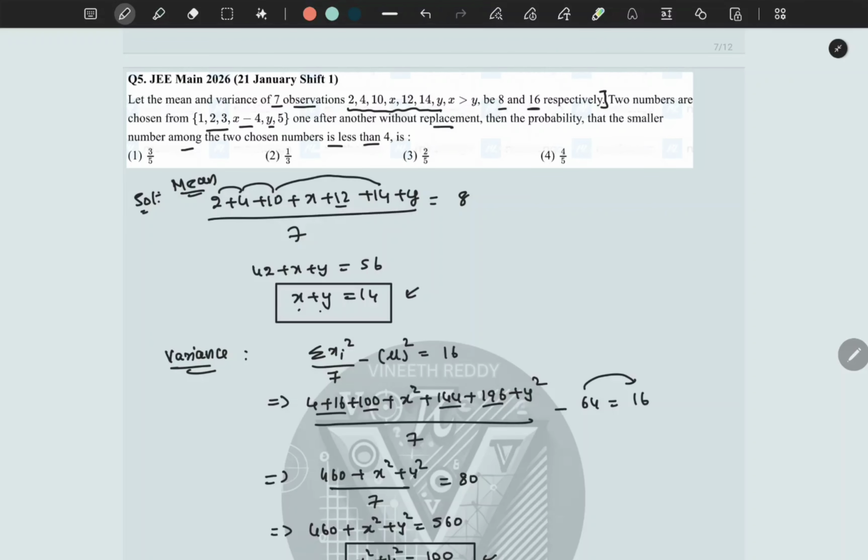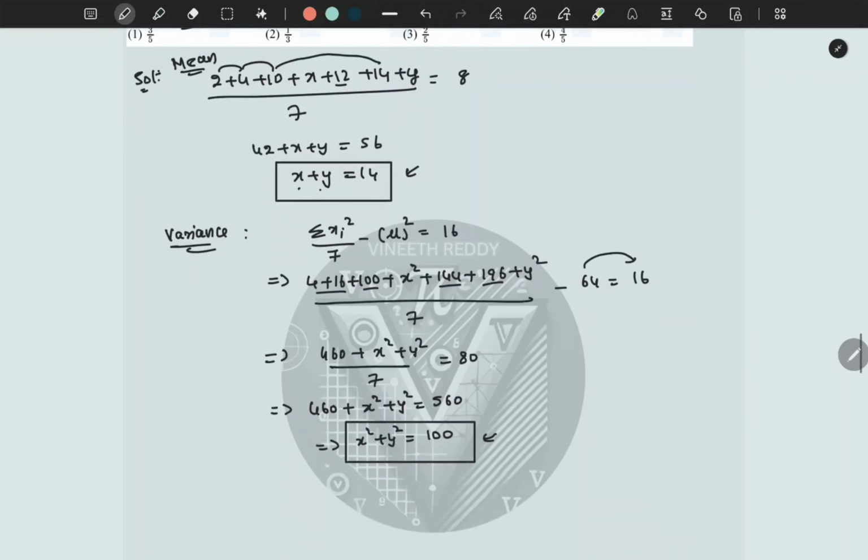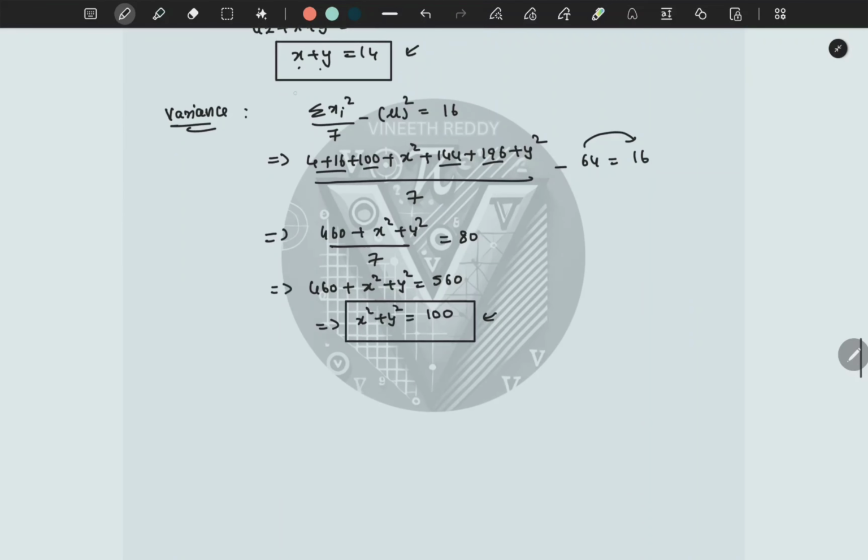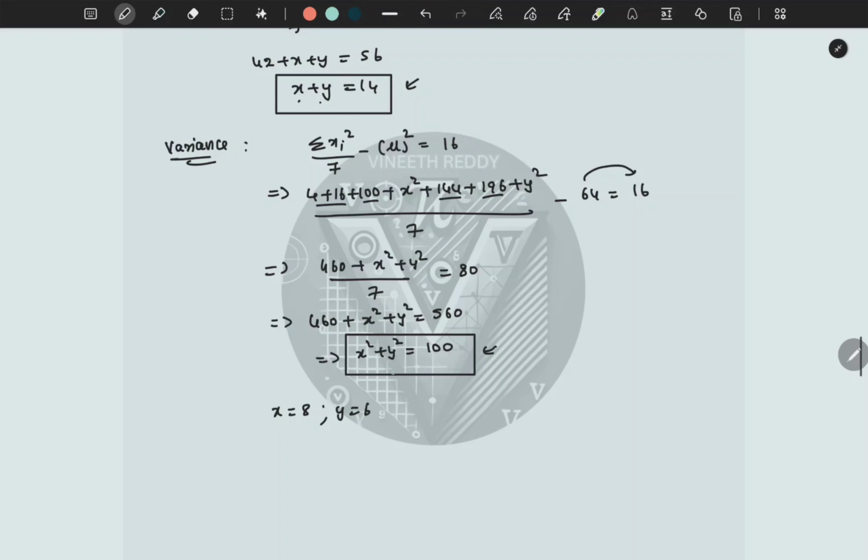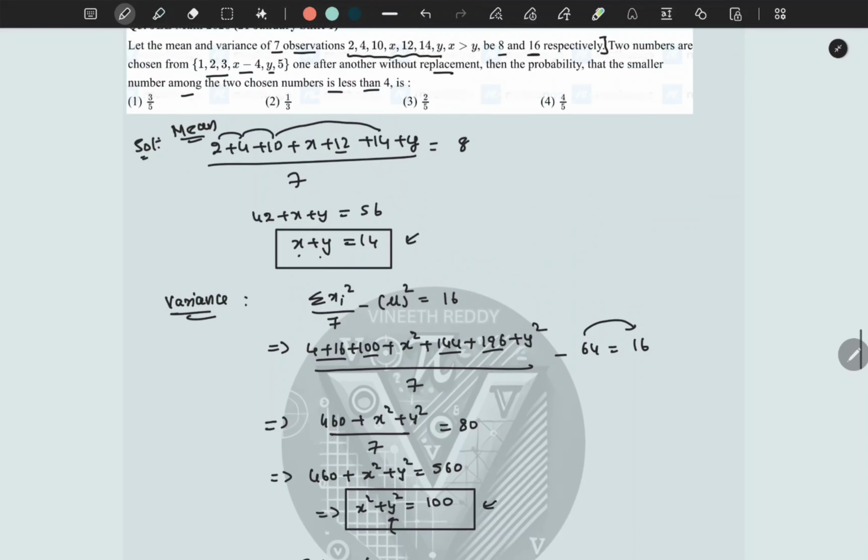So one thing is you can directly guess it. x can be 8 and y can be 6, because 8 plus 6 is 14, and 8 square is 64 and 6 square is 36. 64 plus 36 is 100. So x should be 8 and y should be 6. If you are not satisfied with this, you can replace y with 14 minus x and still solve it, right?